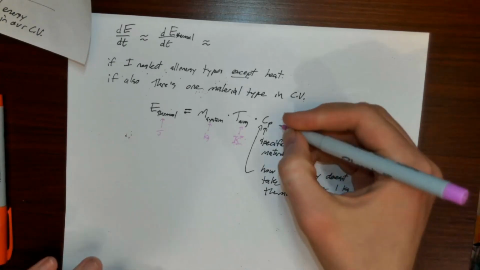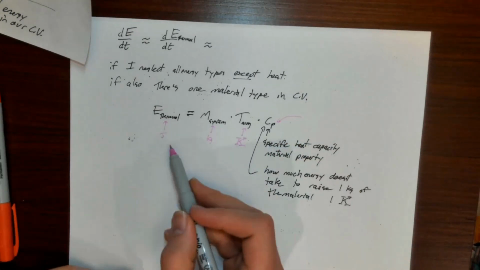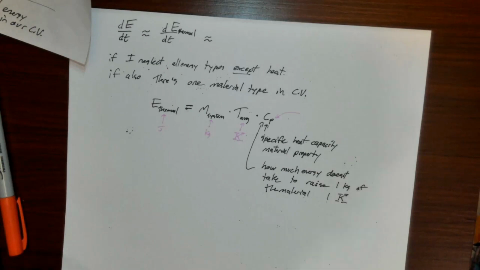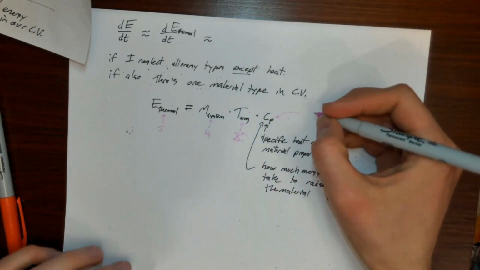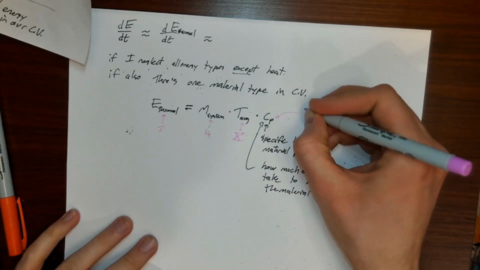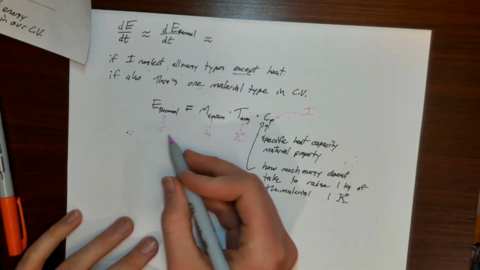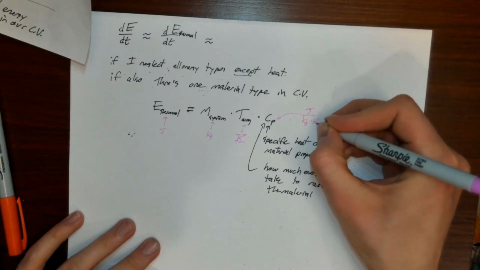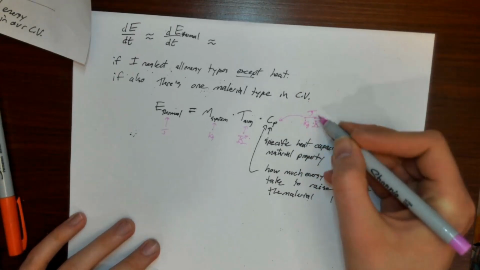So if I think about what the units of Cp are, well, its units are whatever it needs to balance both sides of the system, but in this case it has to have units of joules in the numerator and kilogram Kelvin in the denominator: joules per kilogram Kelvin.